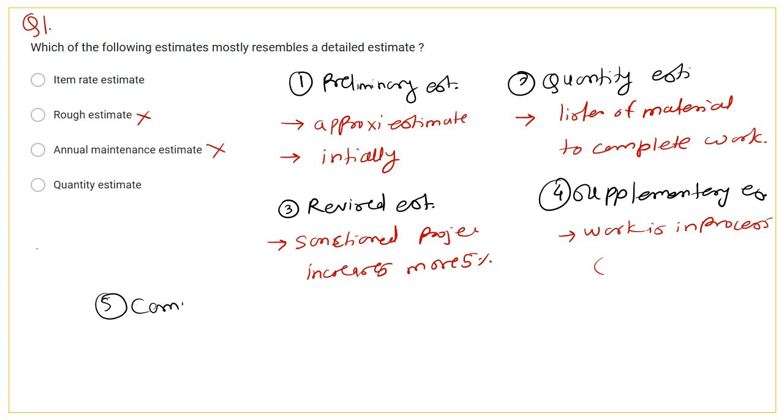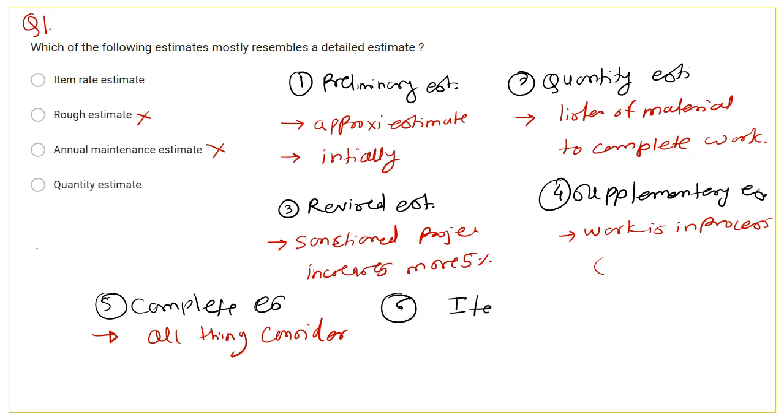The next is complete estimate. In case of complete estimate, each and every material, labor cost, every cost is considered. All things are considered here. And the last one is item rate estimate.